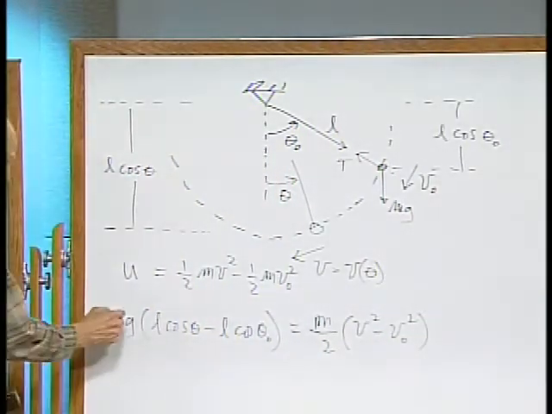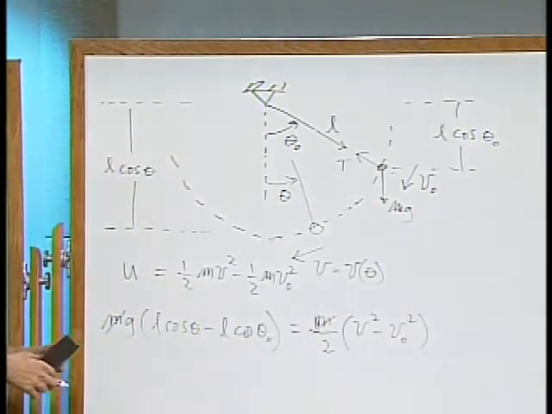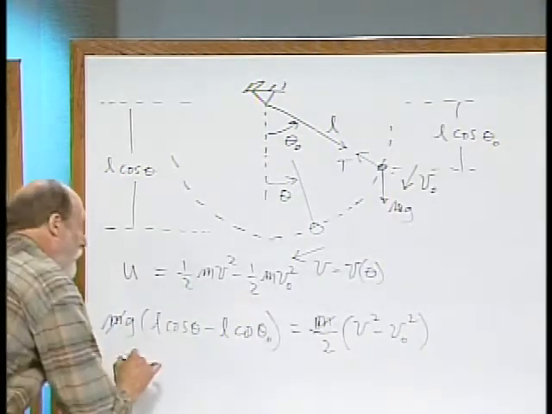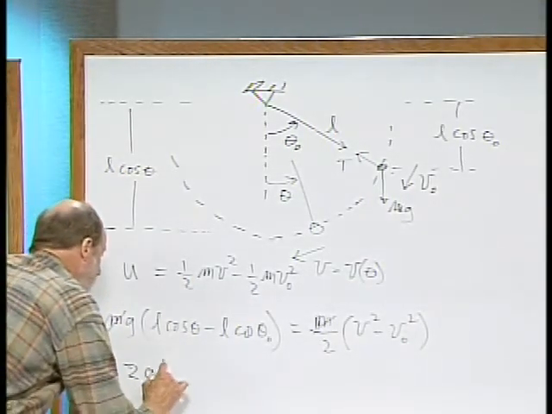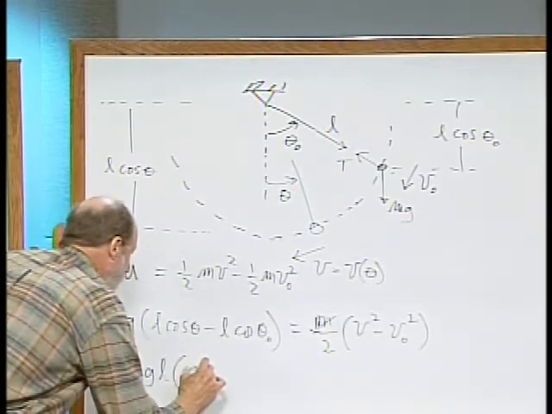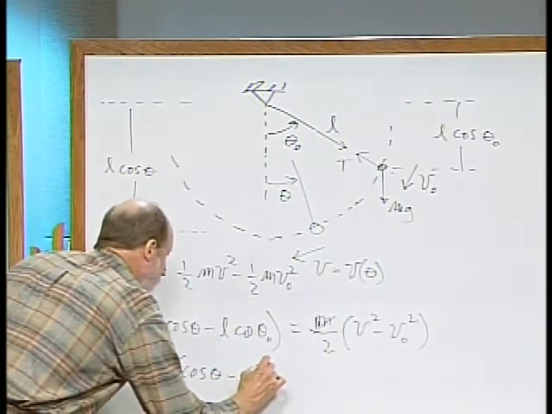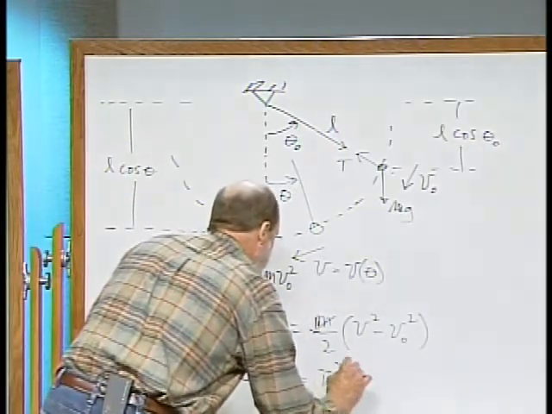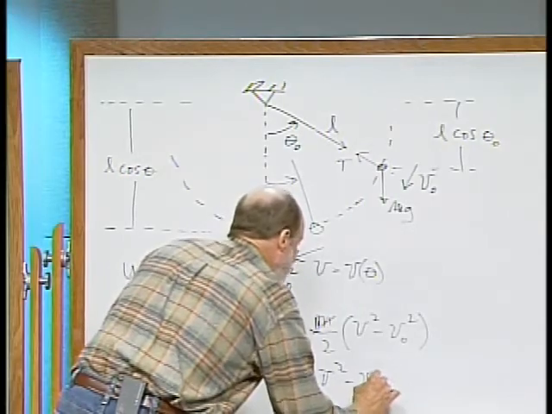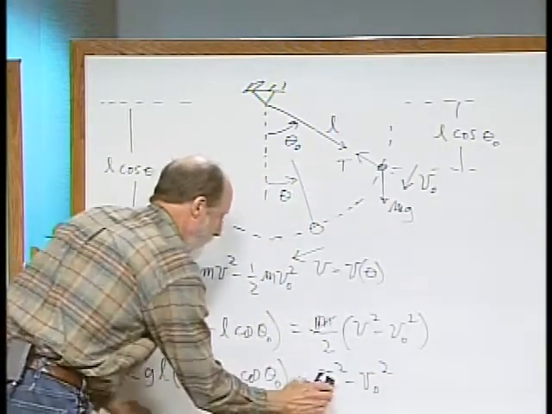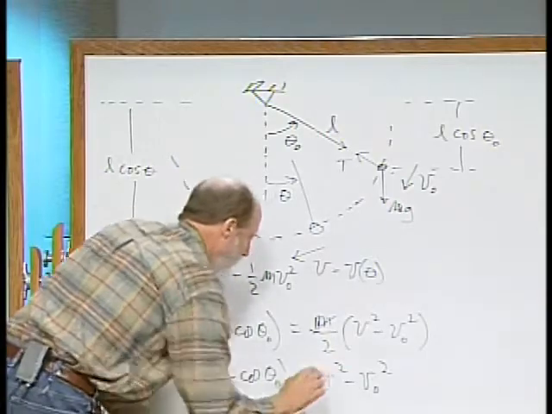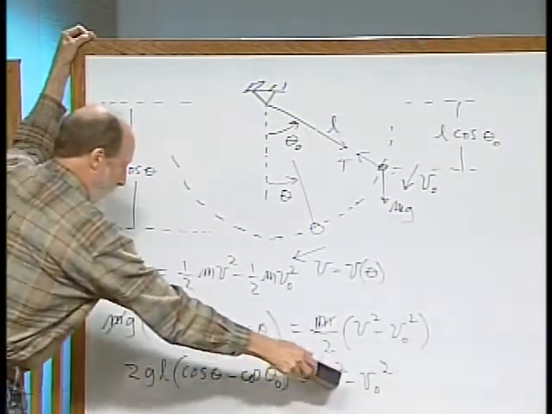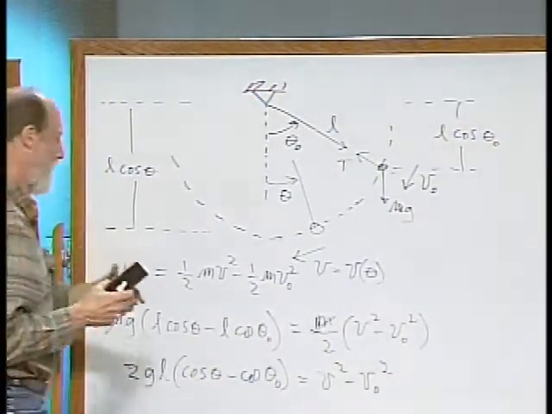So once again, you can see the mass disappears. We could factor out the L over here. We could bring the 2 over. So we're going to have 2GL times the cosine theta minus cosine of theta naught equals v squared minus v naught squared. And then we would kick the v naught squared over and square root both sides.